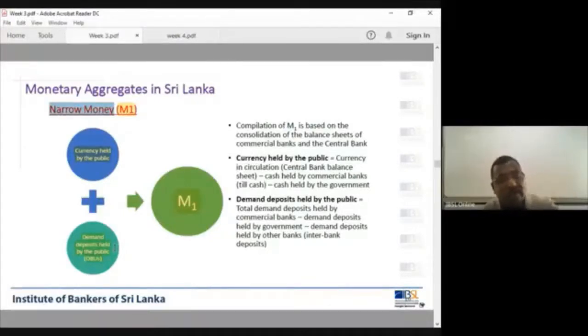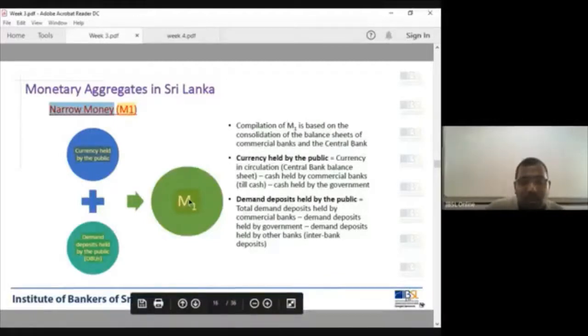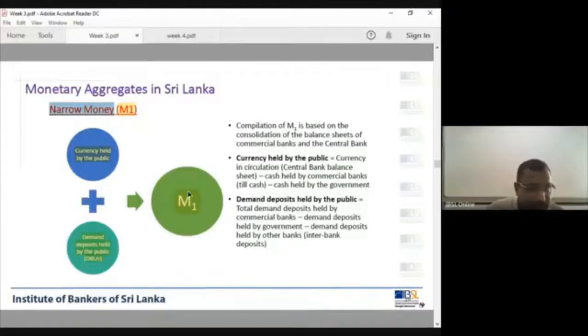Whenever you go to the bank, you present a check, you can straight away take back your money. If you give a check to someone, which we call a negotiable instrument, that person can simply go to the bank and encash it. It's very liquid. So those two liquid instruments, currency and demand deposits, form narrow money. Okay, clear?